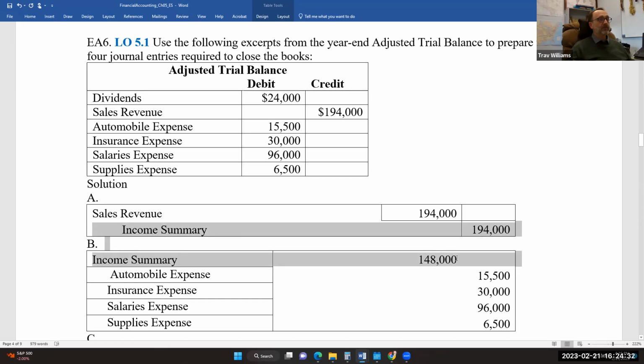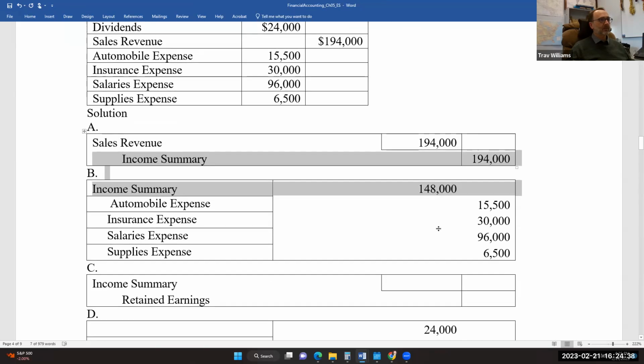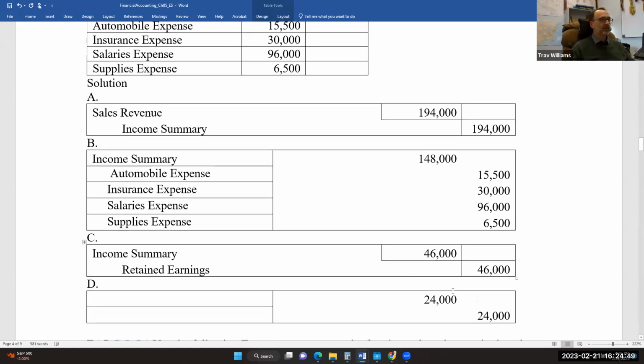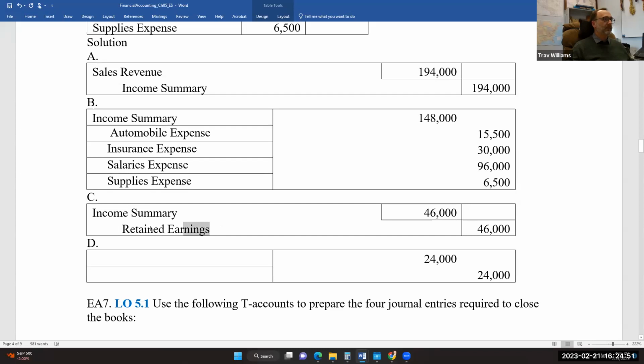So we're going to have to debit income summary for the difference. The difference comes out to $46,000. Credit goes to retained earnings. And the final step, we debit retained earnings and credit dividends.